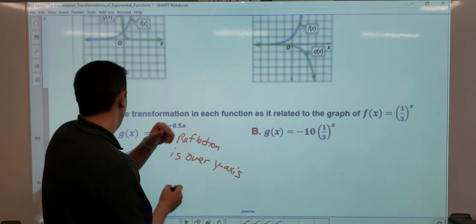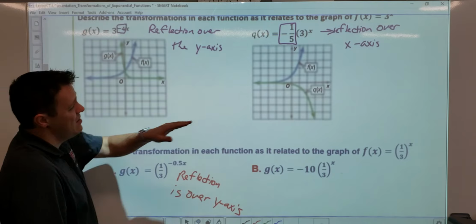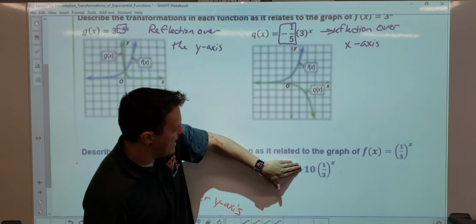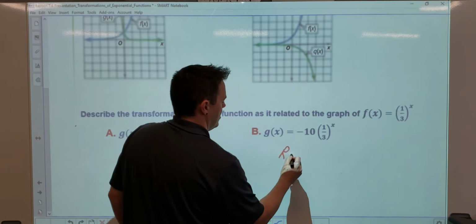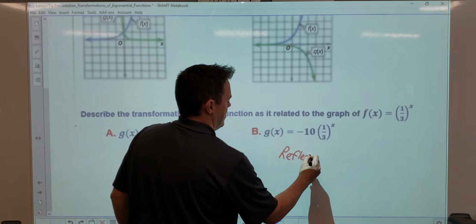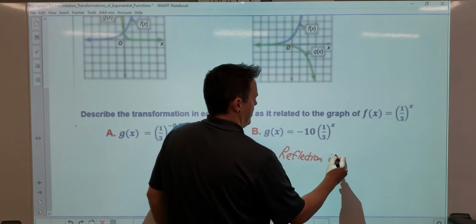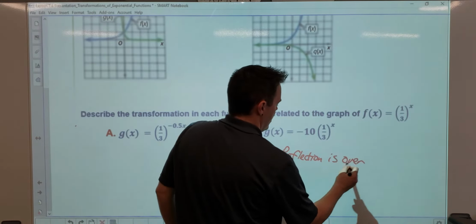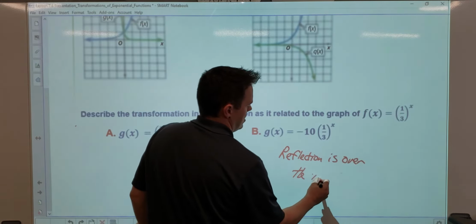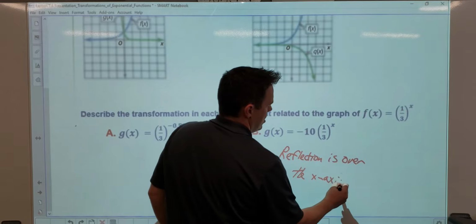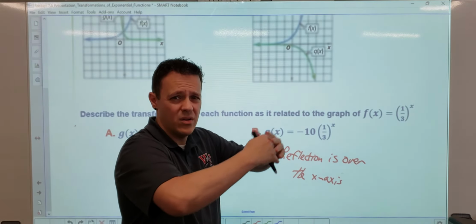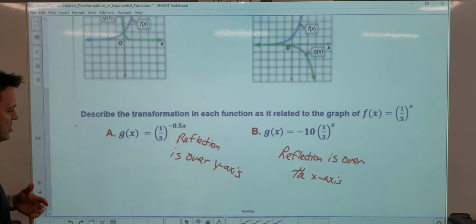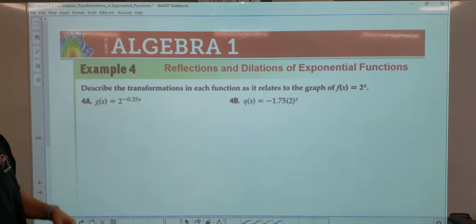And since the negative on the other one is on the a value, you have to know that the reflection is over the x-axis. Hopefully you guys understand that concept, okay? When you see the reflections bounce off each other, you'll get the guide. So look at this guided practice real quick and figure it out.